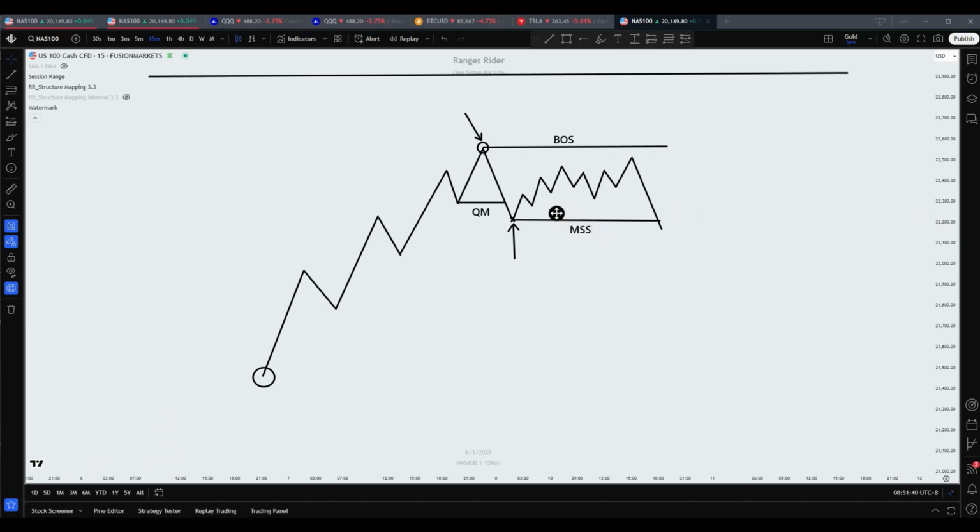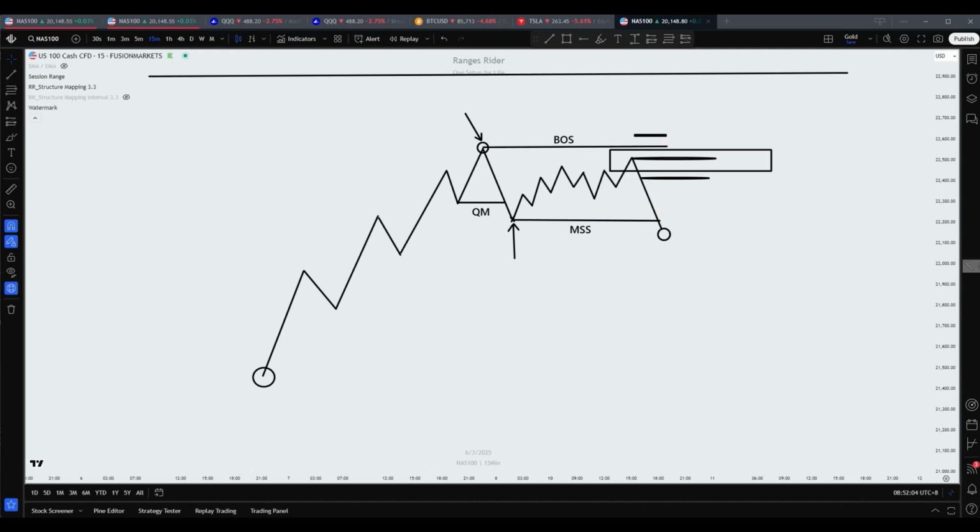And now we have maybe another range, something like this. Now if the price is going higher to take any kind of liquidity, let it take. We are looking to sell somewhere from here, and our stop loss is above this level.